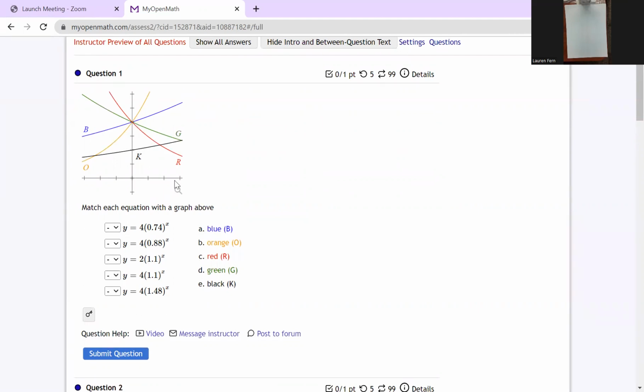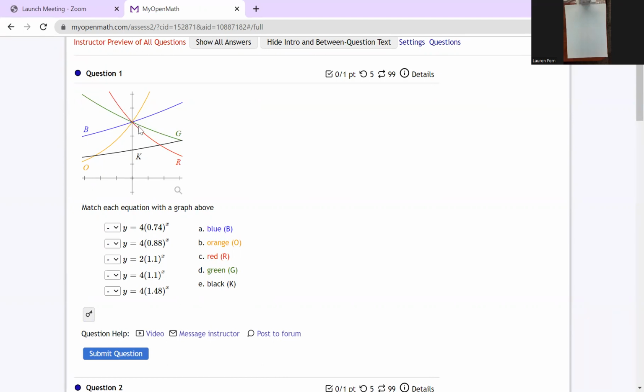Now notice that B and O, blue and orange, are both increasing. You should be able to get that by process of elimination just by looking at the bases, because I claim that O is growing a lot faster than B is.